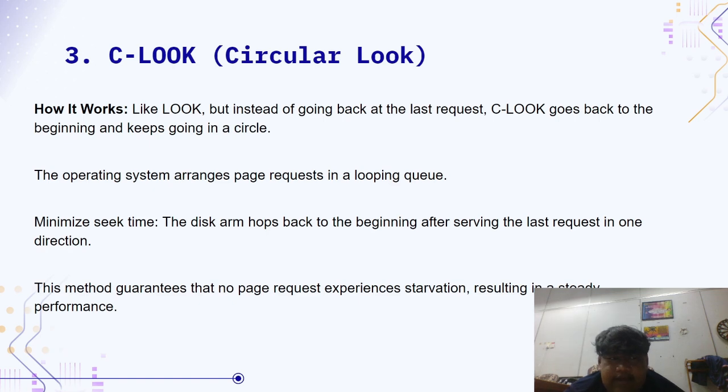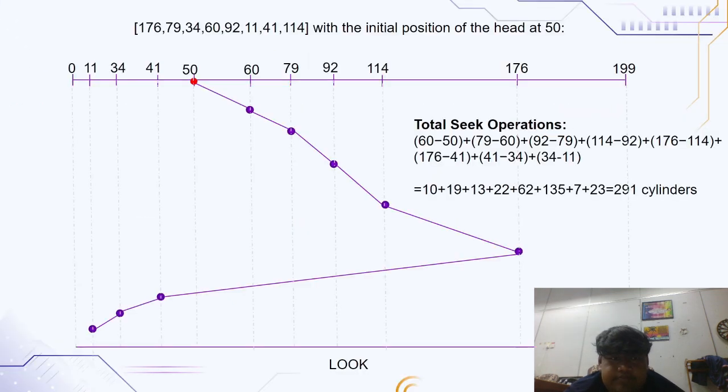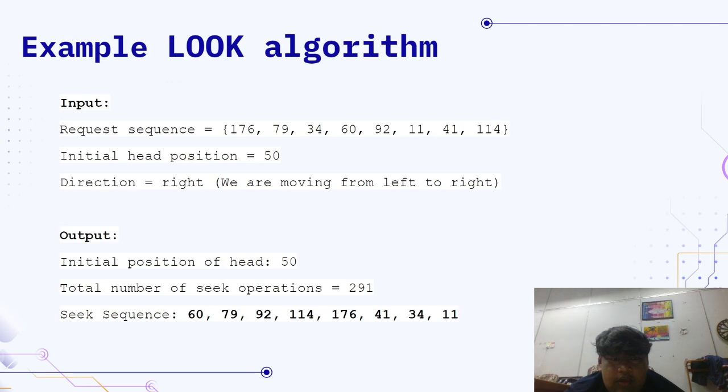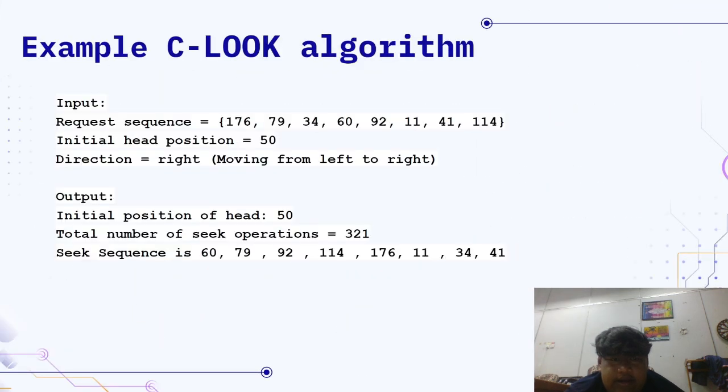So let's look at the example. For the input, the request sequence is 176, 79, 34, 60, 92, 11, 41, and 114. The initial head position is 50, and the direction is right, moving from left to right. So the output: the initial position of the head is 50.